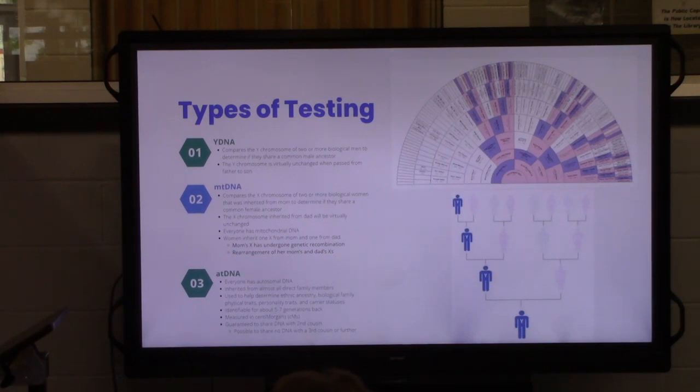Oftentimes what happens is that somebody will take one of these genetic tests, like 23andMe, and they'll find all of a sudden, oh, well, I'm a carrier for Tay-Sachs disease, or I'm a carrier for sickle cell disease, or anything like that at all. And that was the case for me. I actually found out that I'm a carrier for cystic fibrosis and never had anybody in the family with cystic fibrosis.